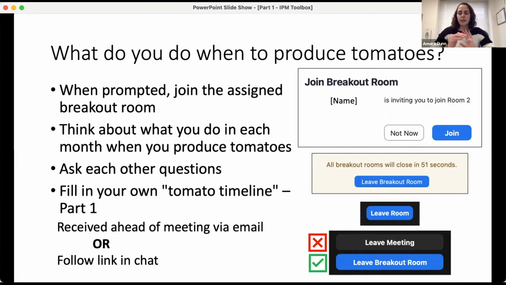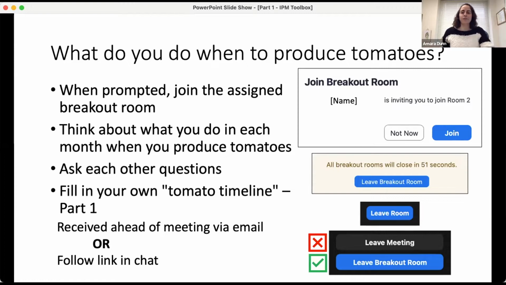When you get to the end of the breakout room, there'll be another window that'll pop up and say, you have 1 minute left. The breakout room is going to close in 60 seconds and it'll count down. At that point, you can either click this blue leave breakout room button, or you can just hang out. Automatically, the room will close when the timer gets to 0 and you'll come back to the main room.